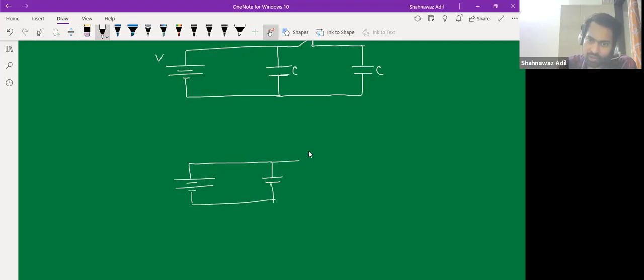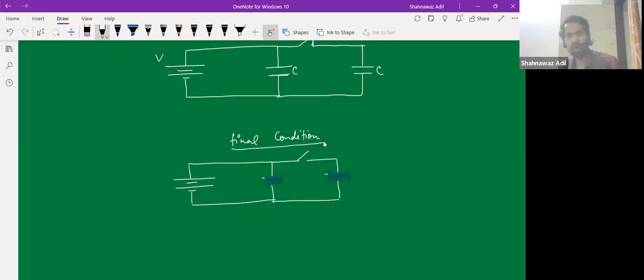Then this switch is disconnected, and some dielectric medium of dielectric constant K is placed. So this is the final condition. What would be the ratio of U initial divided by U final? This is the question.